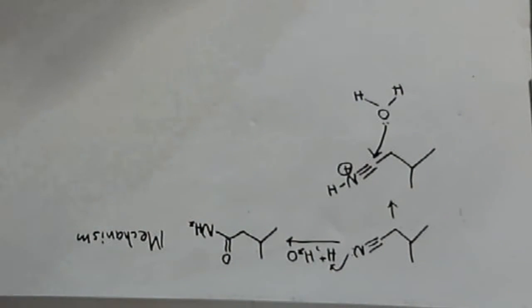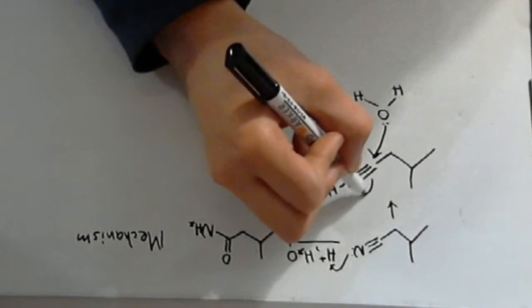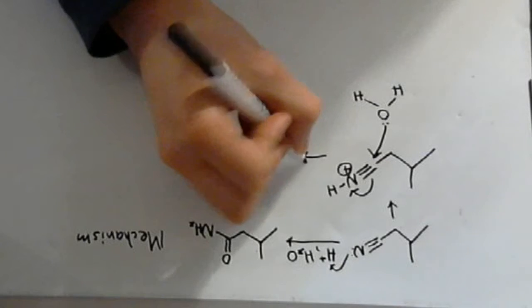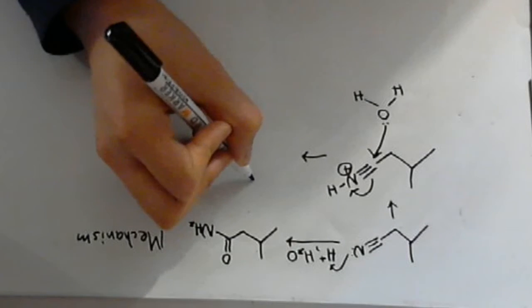What happens is, when it attacks that electrophilic carbon, it pushes those electrons up to the nitrogen. And so we get two sp2 centers.